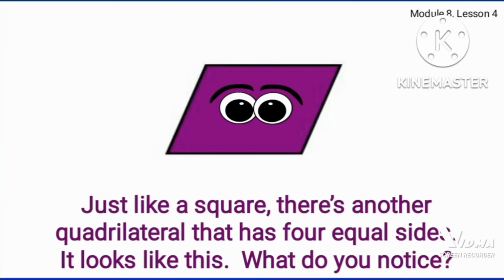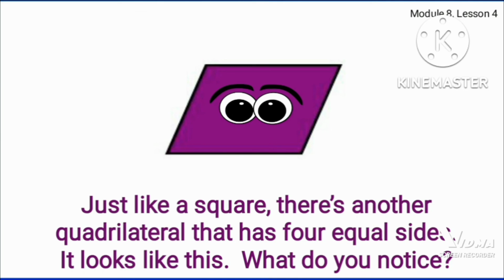Now just like a square, there's also another quadrilateral that has 4 equal sides, but it looks the way I'm showing you on the screen now. If you notice, it is slanted, isn't it? It is not exactly like when you have a square, both sides very straight, parallel.